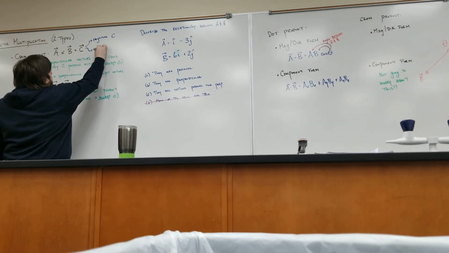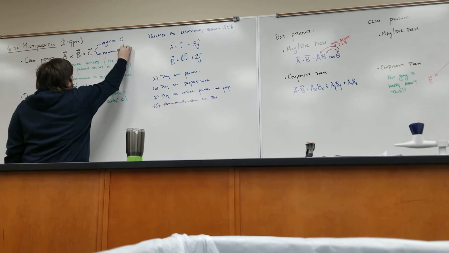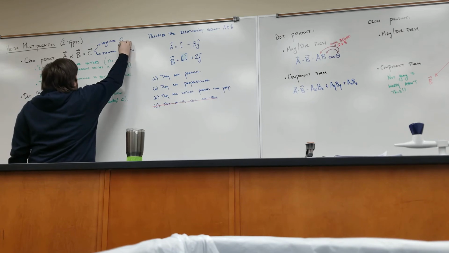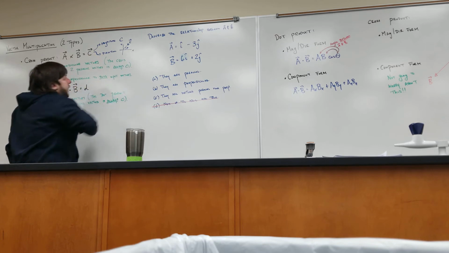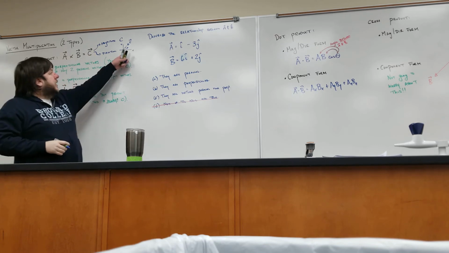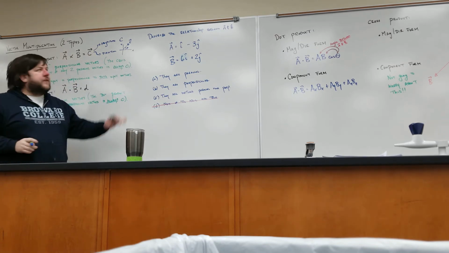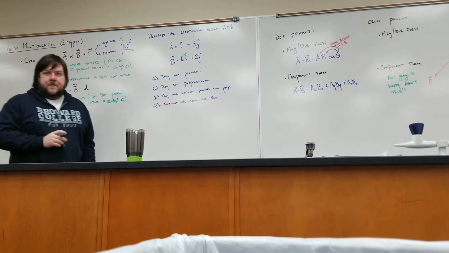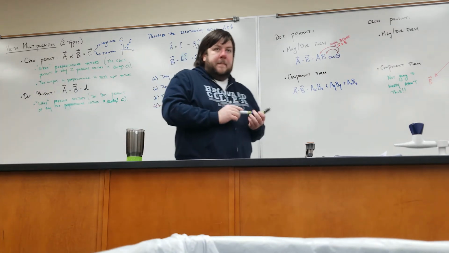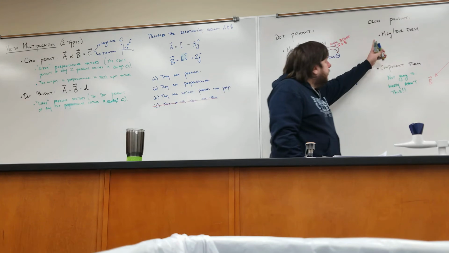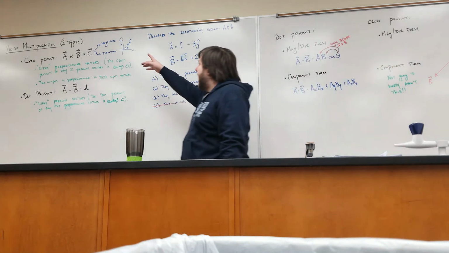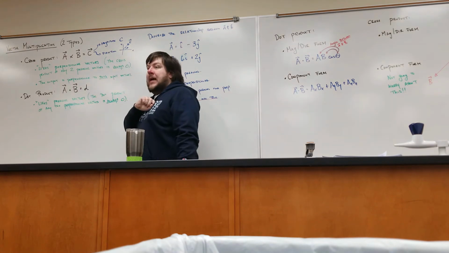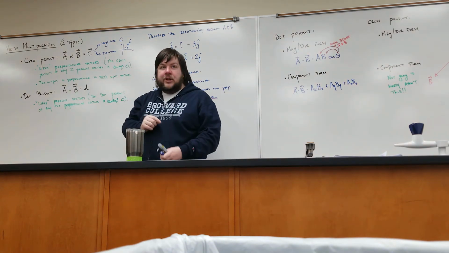And it has some direction. For example, if it was in the first quadrant, we could draw the direction like that. This is just for illustrative purposes. Okay? The magnitude and direction form of the cross product will only give us the magnitude of C. It will not tell us the direction of C.